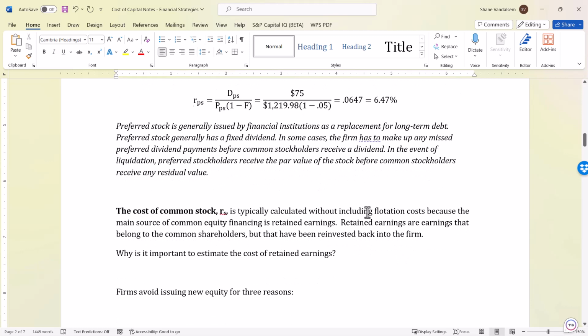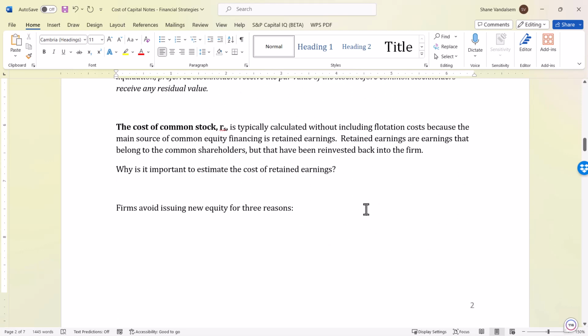So with bonds, we can easily determine what the required rate of return is because it's actually in the bond quote. When we go out and look up a bond quote, and I showed you just the information from Capital IQ as well, it actually says on there the yield to maturity on this bond is this rate, and that is the required rate of return that the bondholders have for that bond.